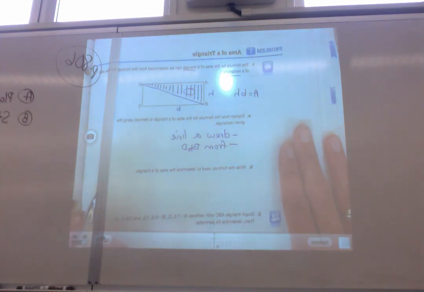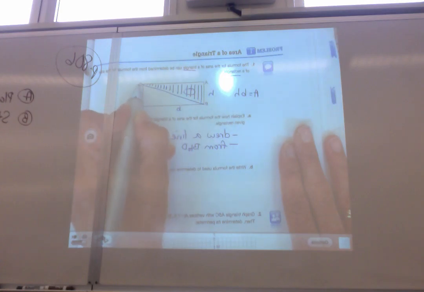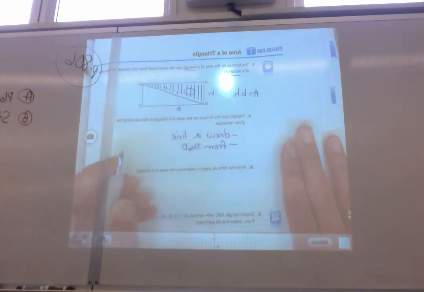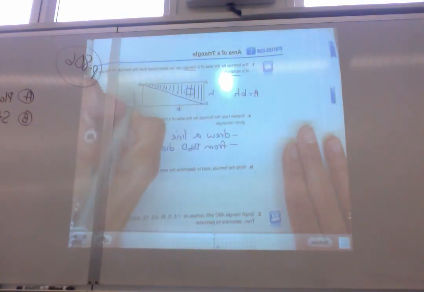It has a name. A line in a rectangle that goes from corner to corner is called a diagonal. Okay, because it's not straight across, it's at a slant. That's called a diagonal.